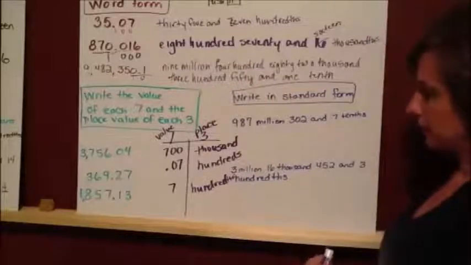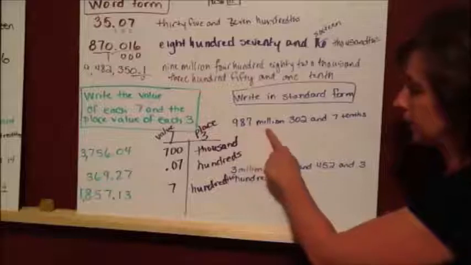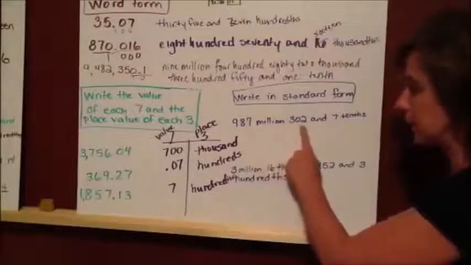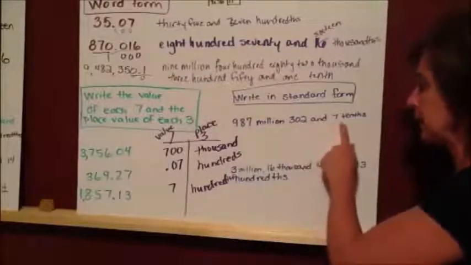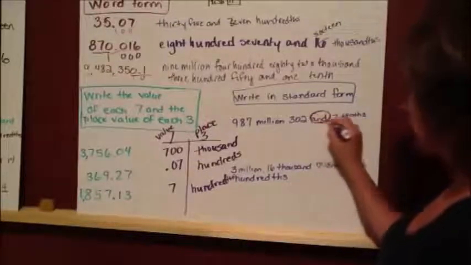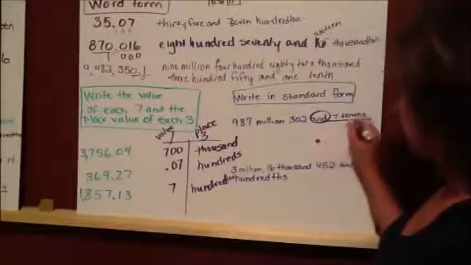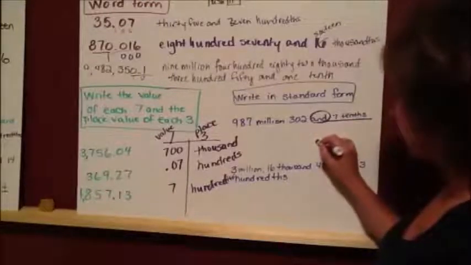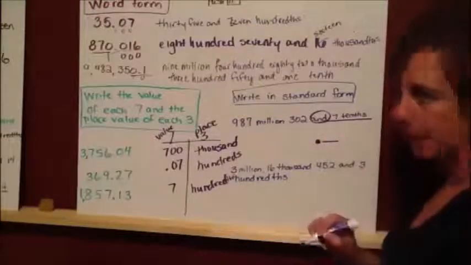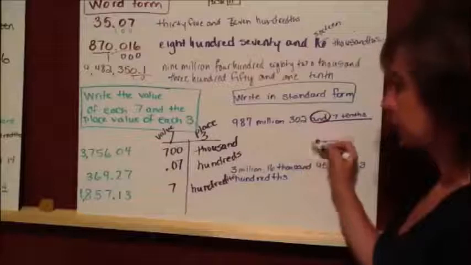Alright, 2 more problems. Write in standard form. 987,302 and 7/10. I first identify the and what's behind it. So I know I'm going to have a decimal and tenths. Counting smaller is not difficult. Tenths. 987,302.